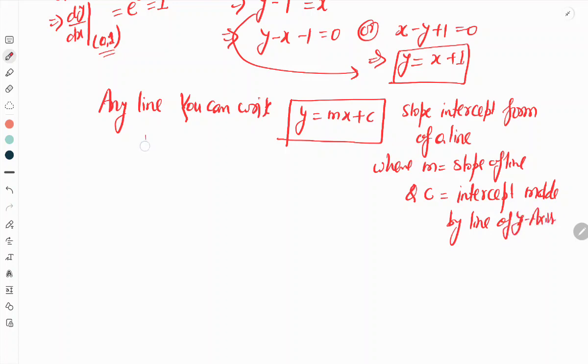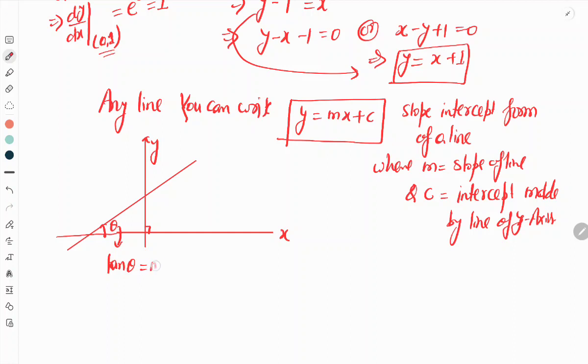The meaning is this: if you want to see it graphically, this is the x axis and this is the y axis at 90 degrees, and one line is there, let's say this one. It will make some angle with the x axis, let's say this anticlockwise angle theta, so tan theta is the slope, that is m.